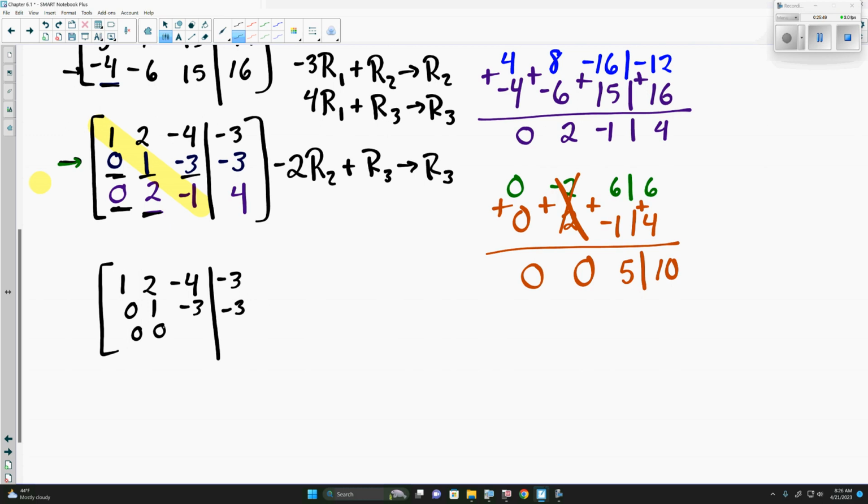But the third row is now 0, 0, 5, 10. I don't know why I wanted to add that negative, but 10. Any questions on how we got to this here?